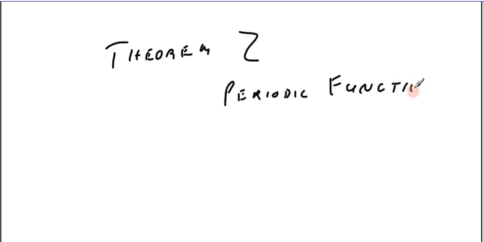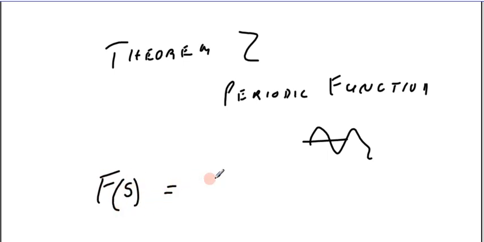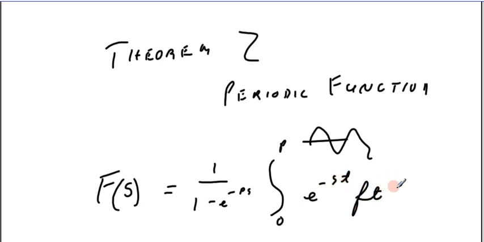And it says that if I have a periodic function, I'm sine, I'm cosine, we've got some periodic function, then the Laplace transform of that periodic function is going to be 1 over 1 minus e to the minus ps, times the integral from 0 to p of e to the minus st times the function dt, where p is the period of that periodic function.